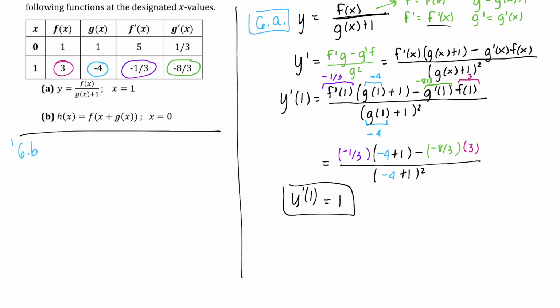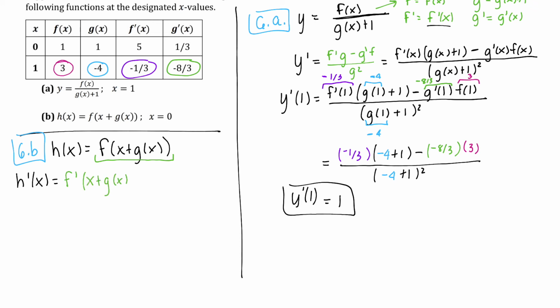For 6b, the function we have is h of x equals f of x plus g of x, and that's at x equals 0. So for this one, you're doing chain rule. The derivative of the outside would just be f prime and leave the inside alone. So the derivative of the outside, f prime of x plus g of x, and then it's the derivative of the inside.